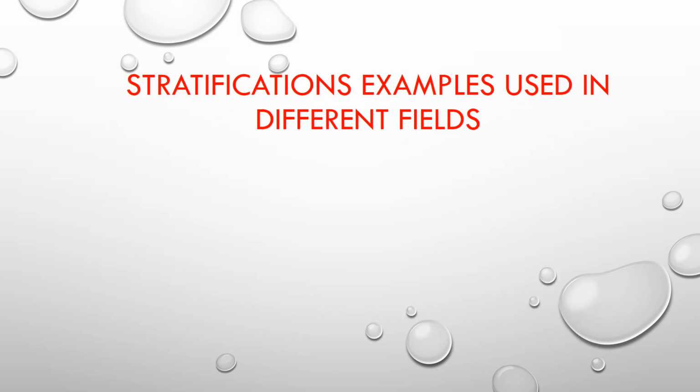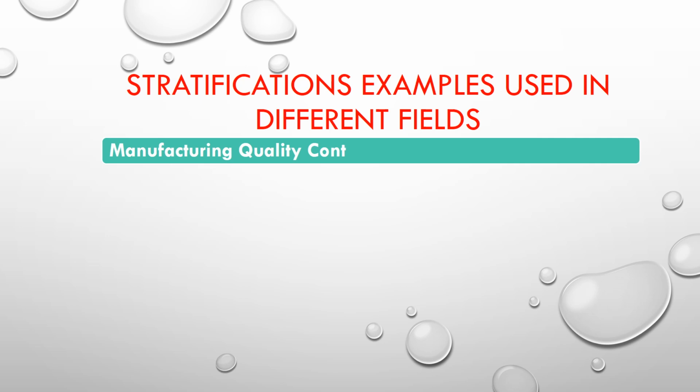Next, different examples used in different fields. Stratification is a versatile data analysis technique that can be applied in various fields to gain insights, identify patterns, and make informed decisions. Here are some examples of how stratification can be used in different contexts. It is used during the manufacturing quality control process.